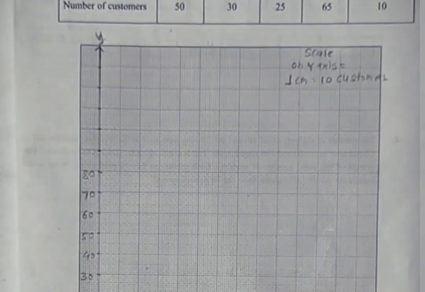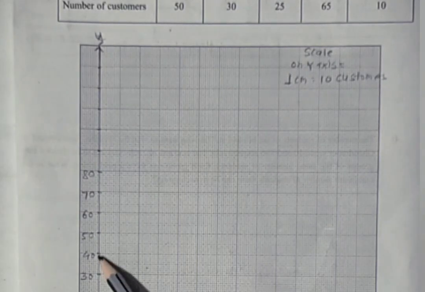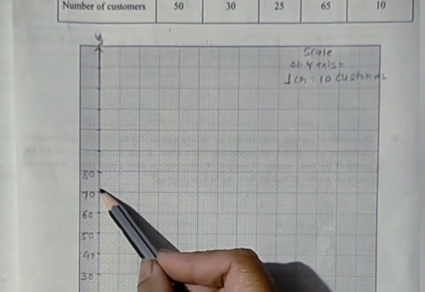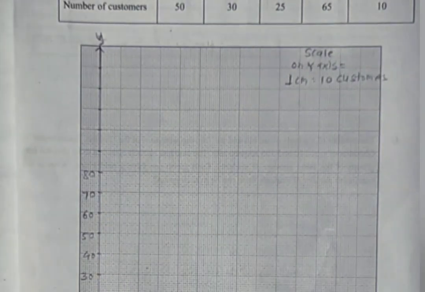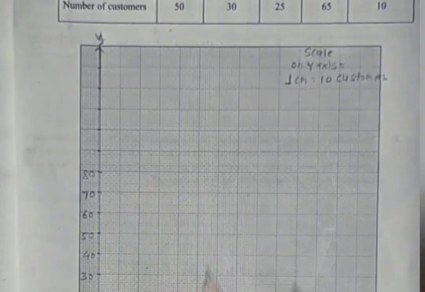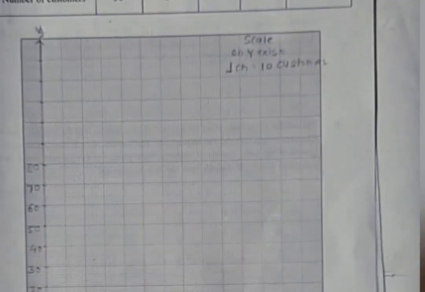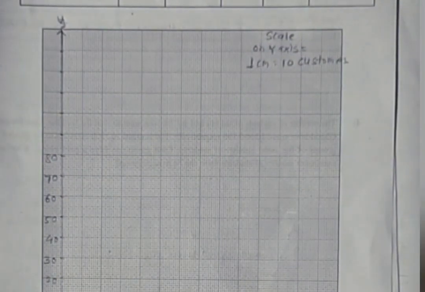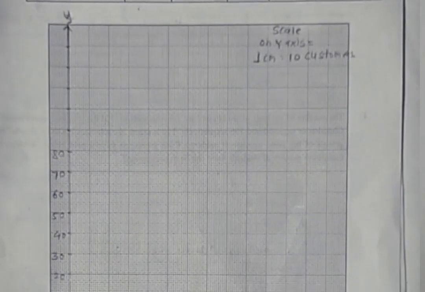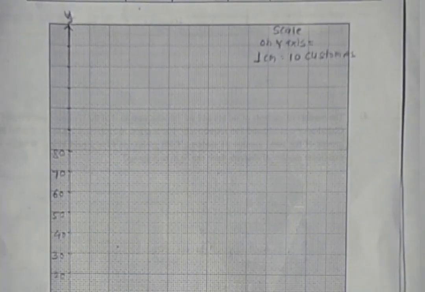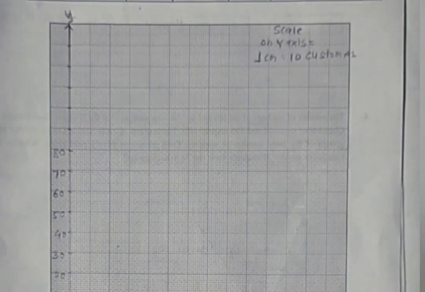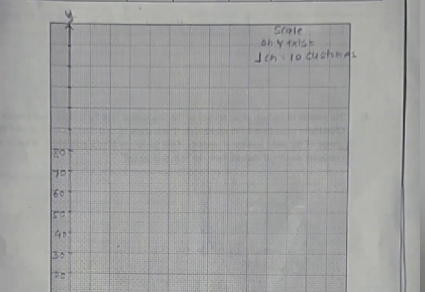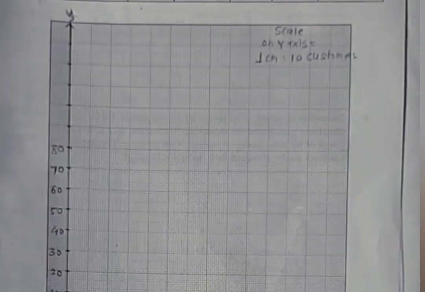So here 10, 20, 30, 40, 50, 60, 70, 80. 10 customers for 1 centimeter. And here is the type of juice, and number of customers.